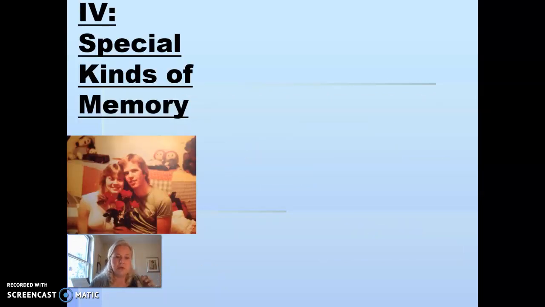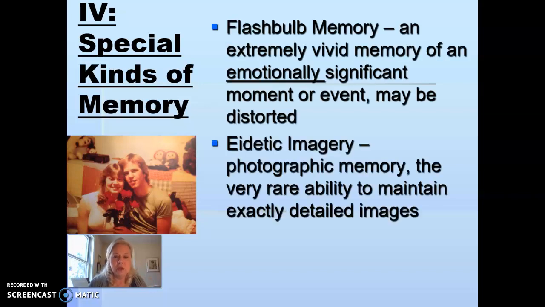I'm going to try to talk very quickly about these two special kinds of memory for this particular recording. So, flashbulb memory is an extremely vivid memory of an emotionally significant moment or event. I can tell you, I'll try to do it very quickly. So I was 19. I just transferred from Duluth to the University of Minnesota Twin Cities campus.